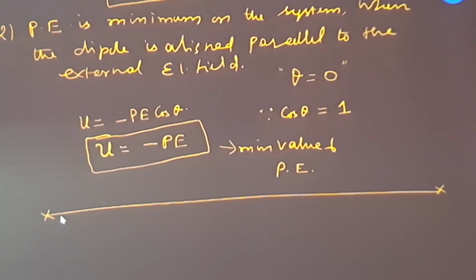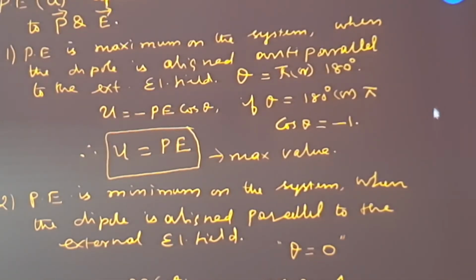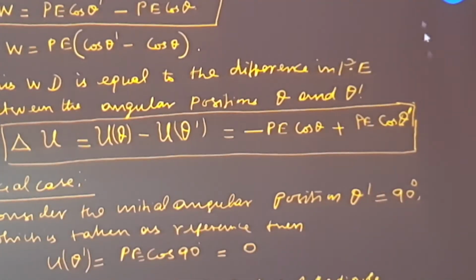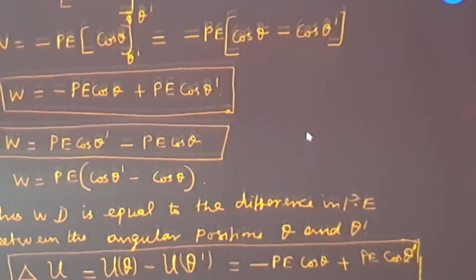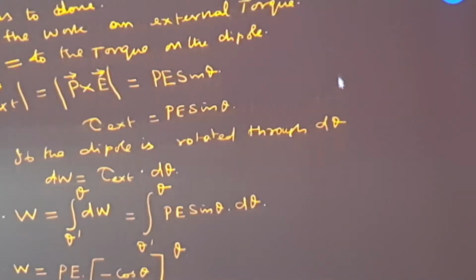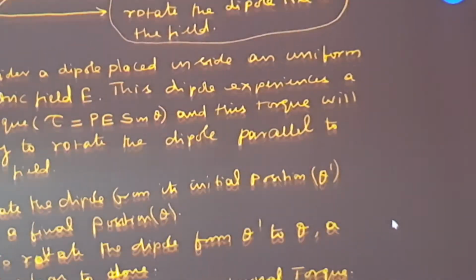electrical field. Clear? Now, let us summarize what you have studied here. What is our concept here? We have derived an expression for the potential energy of the electrical dipole when it is placed inside an external electrical field.